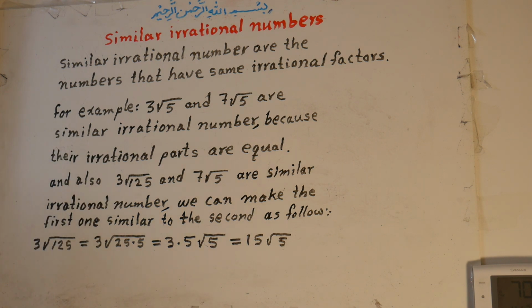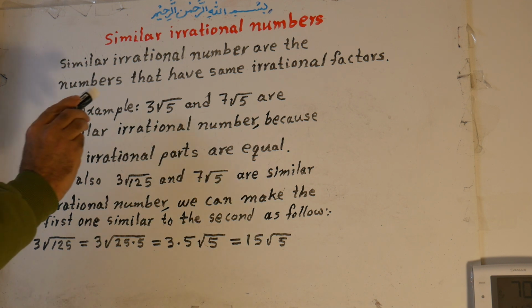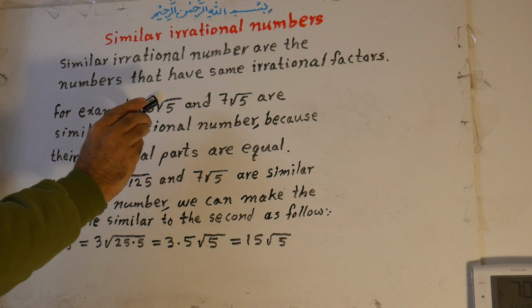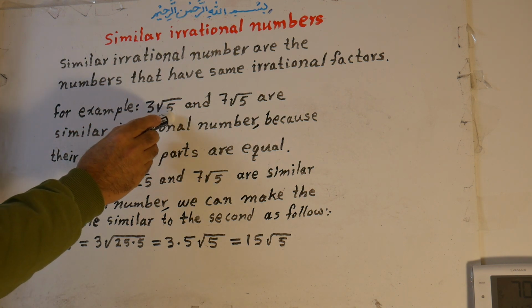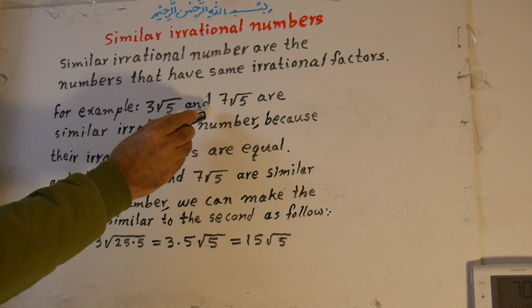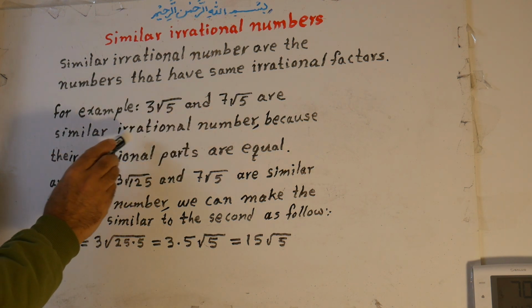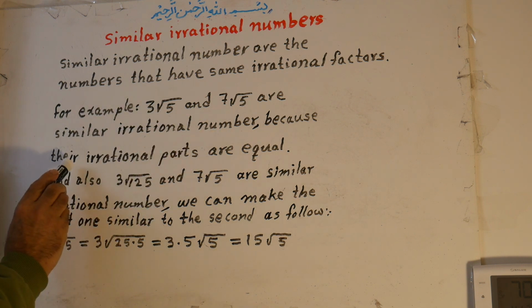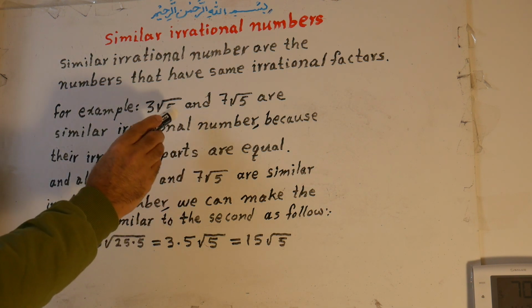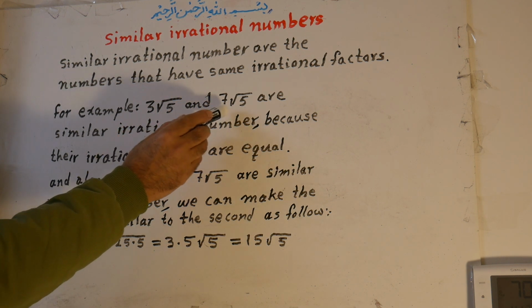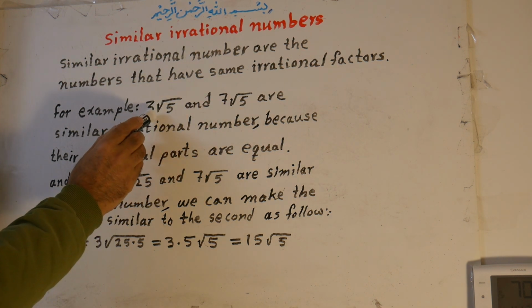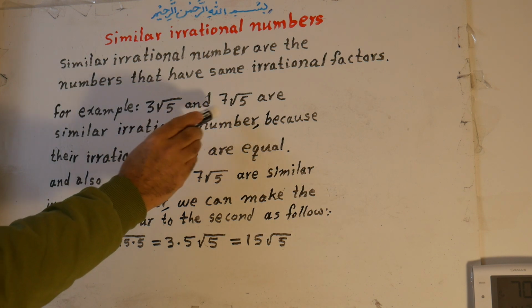I repeat for you. Similar irrational numbers are the numbers that have the same irrational parts, irrational factors. For example, 3 square root of 5 and 7 square root of 5 are similar irrational numbers, because their irrational parts are equal: square root of 5 is equal to square root of 5, and this is the irrational part of both.